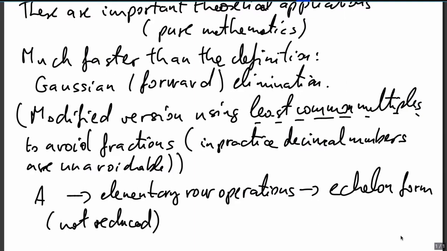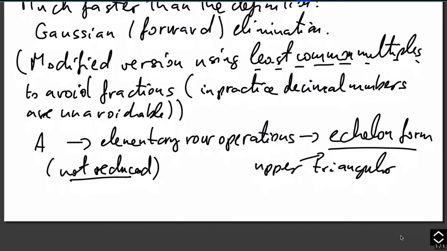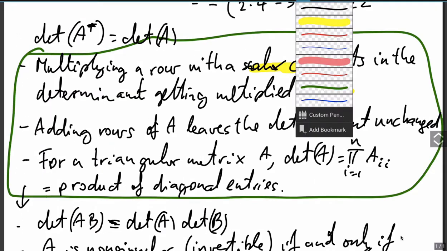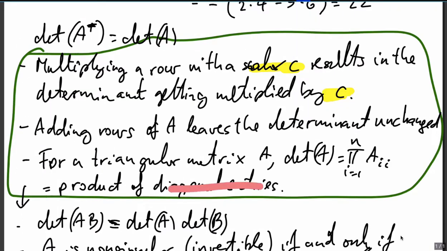If the determinant is not 0, we have an invertible matrix, and the reduced row echelon form of a non-singular matrix is the identity matrix. So we just want an echelon form, which will be upper triangular, and for upper triangular matrices, all we have to do is multiply together the diagonal entries.